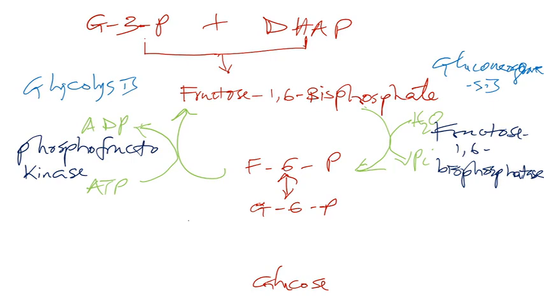So in glycolysis, the enzyme that phosphorylates glucose to glucose 6-phosphate is hexokinase. So here we are adding an inorganic phosphate group, and we are getting ADP. We are saying this is catalyzed by the enzyme hexokinase.